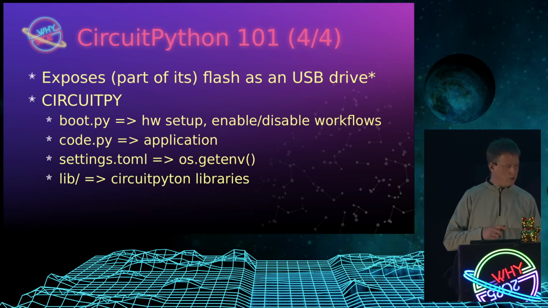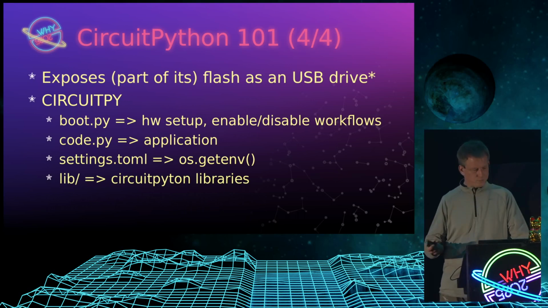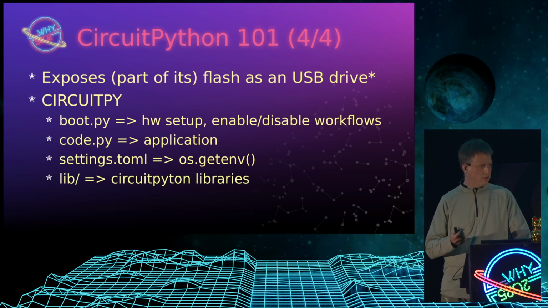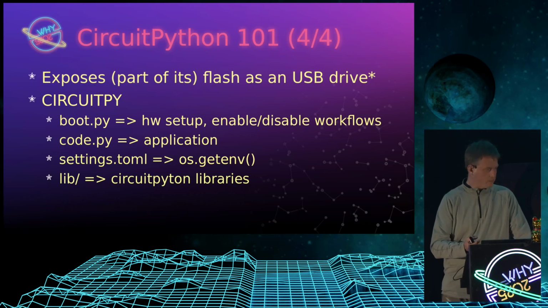So when you plug in the device using USB, then it'll show up as a USB drive that you can write to, and that's actually where you write your code to. So the CIRCUITPY drive, that's what it is.